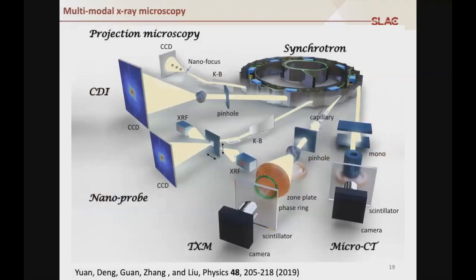So I talked about there are many different imaging modalities, and talked about how we make use of them. I highlight here again that by using a synchrotron facility, we can have multiple of these techniques under the same roof, so that we can really look into different aspects of the material and get a more complete understanding of the sample.